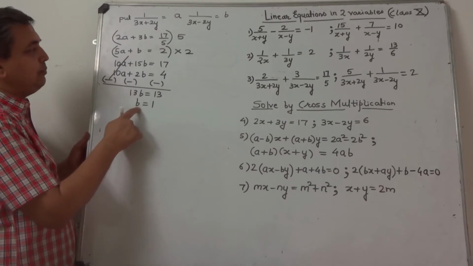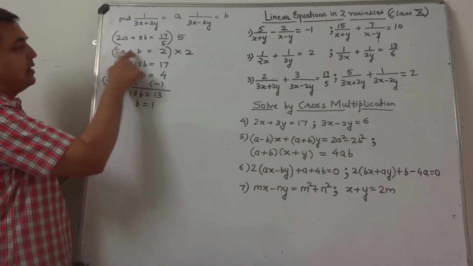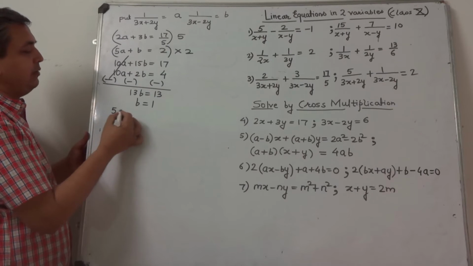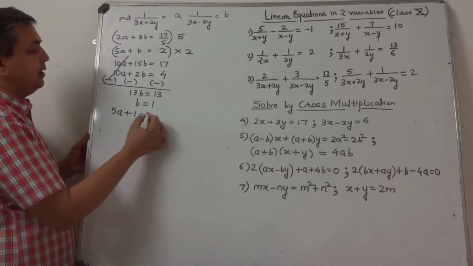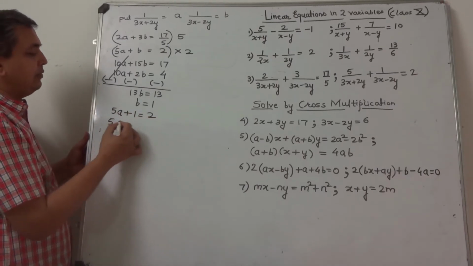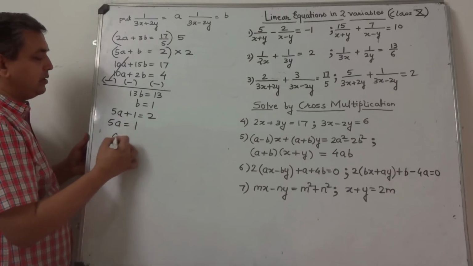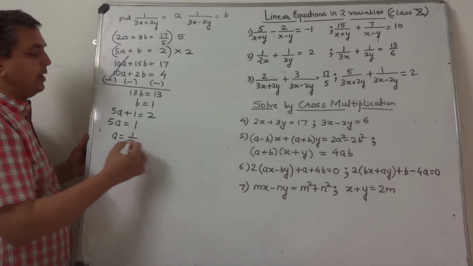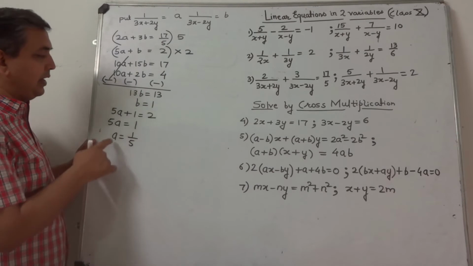Put this value of b equal to 1 in this equation, so we get 5a plus 1 equal to 2, so 5a equal to 1, so a equal to 1 by 5. Here we have obtained a and b.